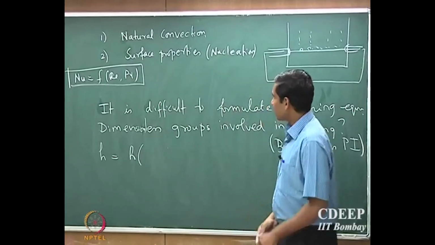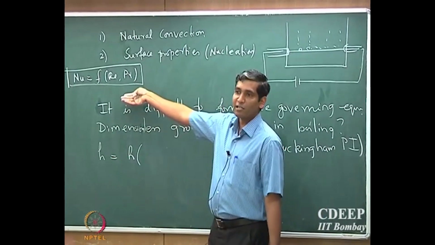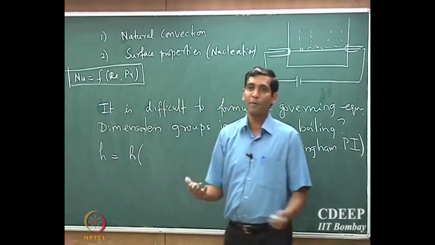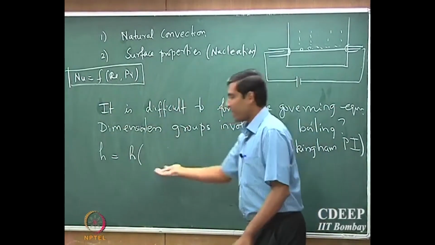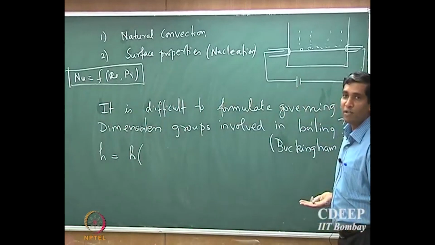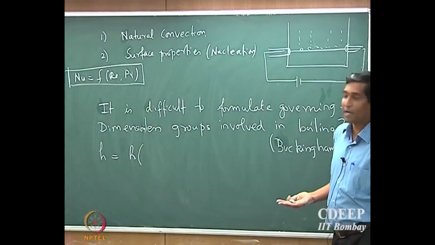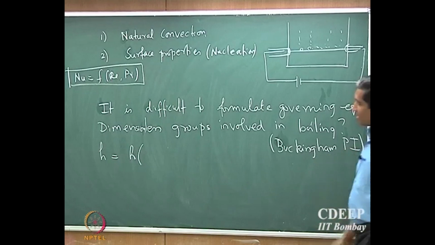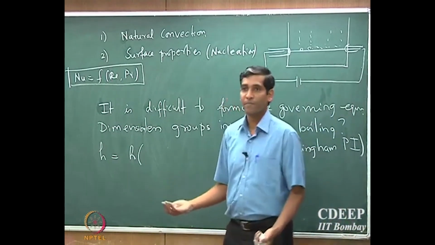So from here you can clearly see that the heat transport coefficient is a function of some combination of the properties. If we can identify the properties on which it depends, we could do a dimensional analysis and find the dimensionless groups using the Buckingham Pi theorem. So what are the properties?